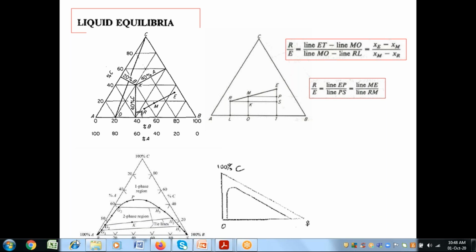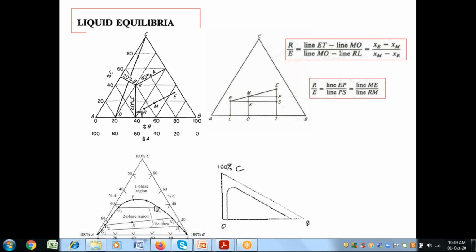This is one layer which is the A rich layer. This is another layer, the B rich layer. So both will be joined by the tie line. So you can draw such tie lines, and this curve which demarcates the homogeneous nature and heterogeneous nature is called the binodal curve.